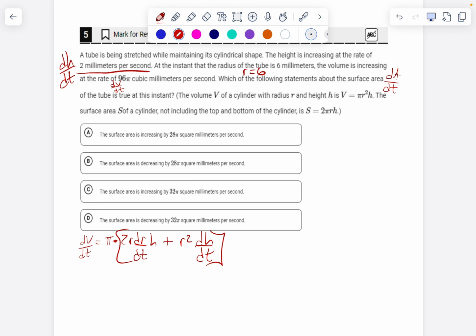Yeah, like it's a cylinder being stretched vertically. Okay, I'm going to do the derivative up here. Again, we have dr/dt h plus r dh/dt.